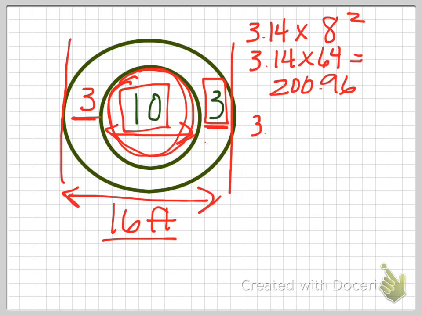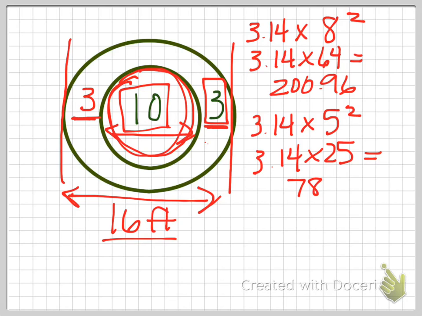Now we need to find the area of just the fountain. Again, we do pi, 3.14, times the radius. The diameter of the fountain is 10, and if radius is half of the diameter, that would make the radius 5, and we square that. So 3.14 times 25, which is 5 times 5, that's 5 squared. That gives us 78.5.